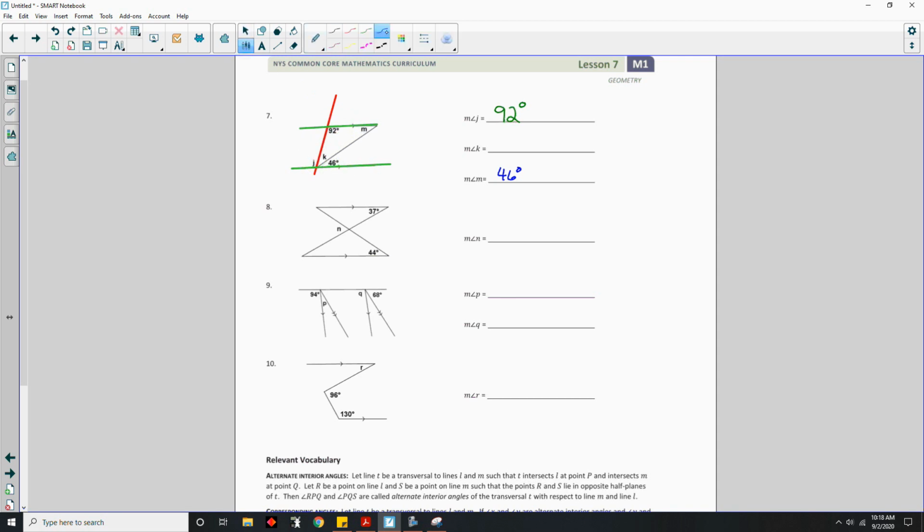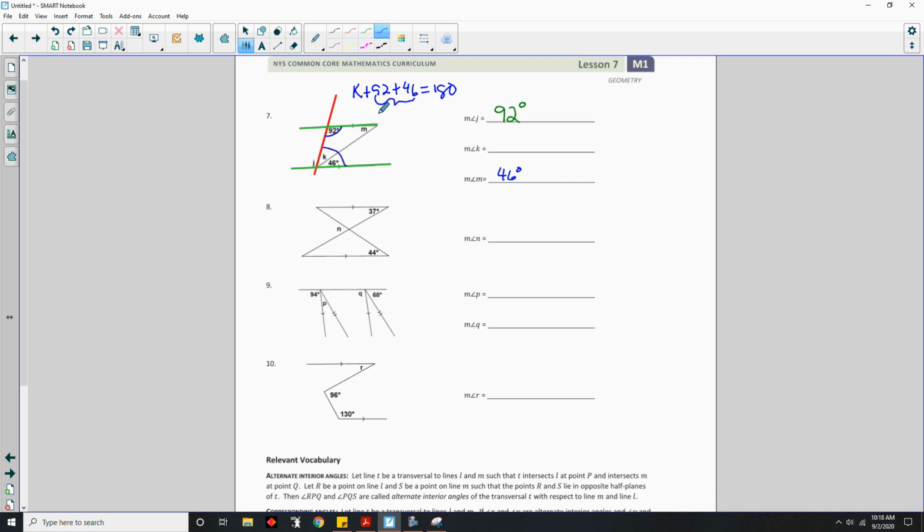Now I focus on this and this. They are same side interior, so they add up to 180. So I'd say K plus, or the measure of angle, no, I'm not going to call it measure of angle K, I'm just going to say K. Alright, save time. K plus 92 plus 46 equals 180.